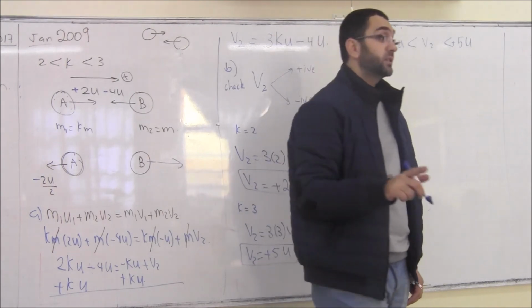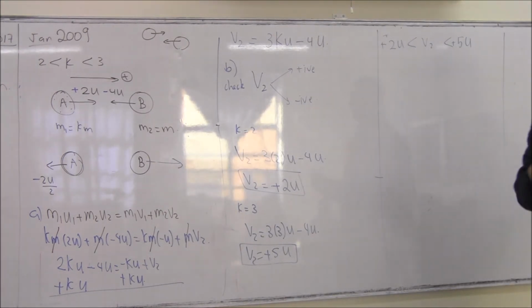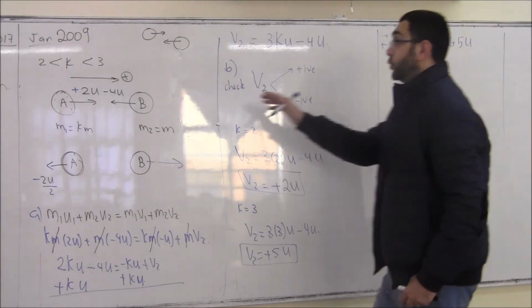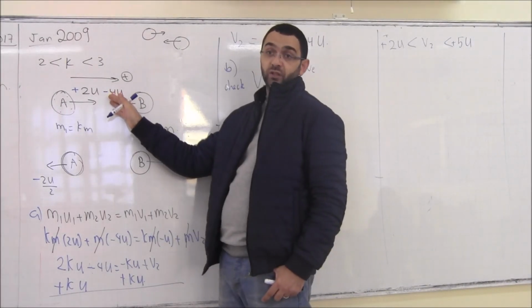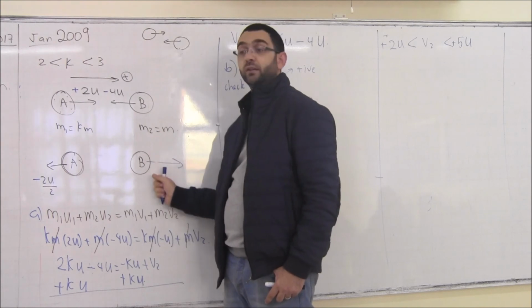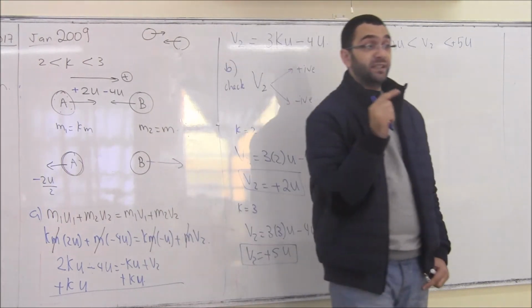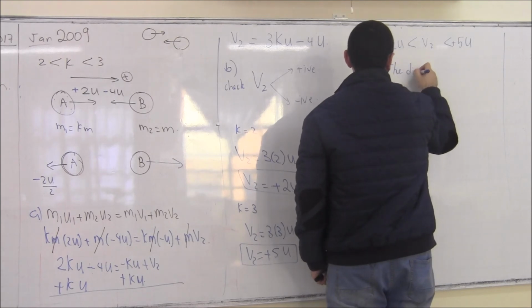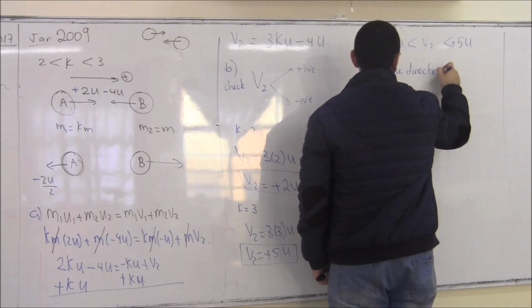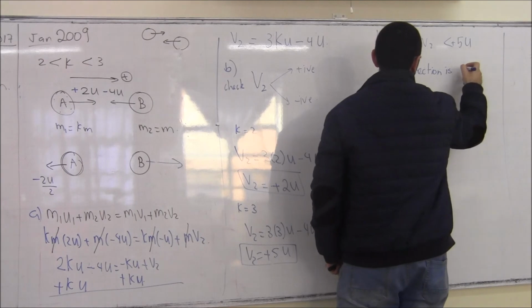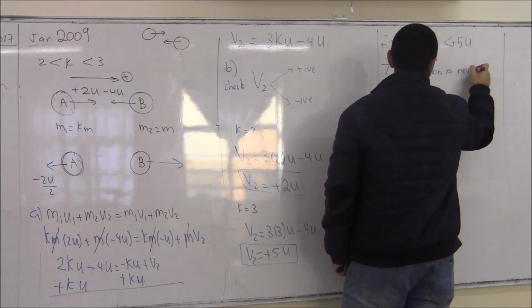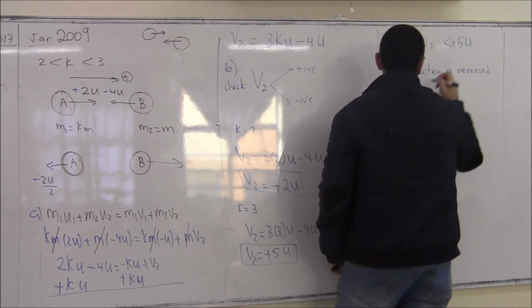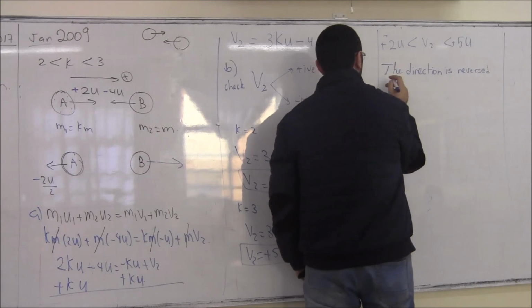Any question, guys? Clear? So what does this mean? This means it was moving in the negative direction. Now it's moving in the positive. So the direction is reversed. Why is the direction reversed?